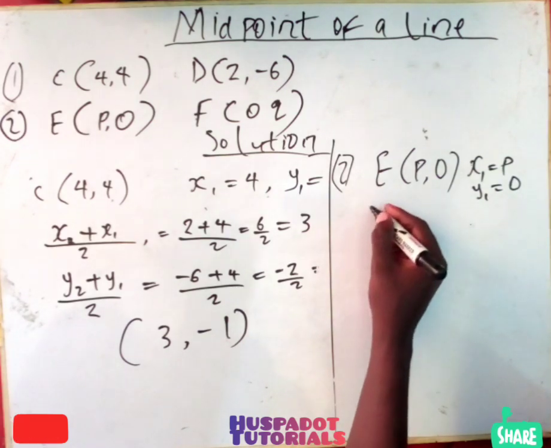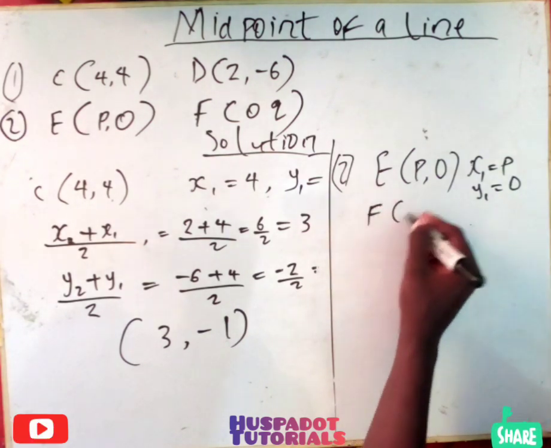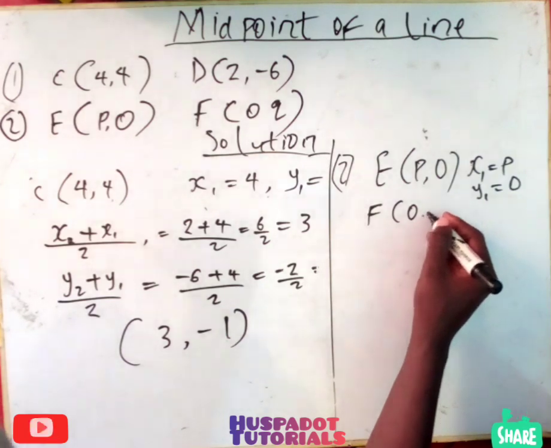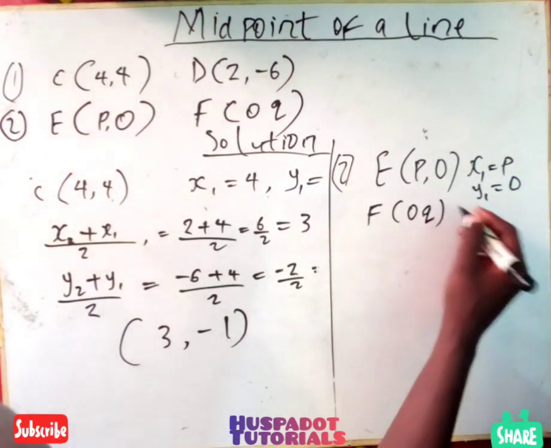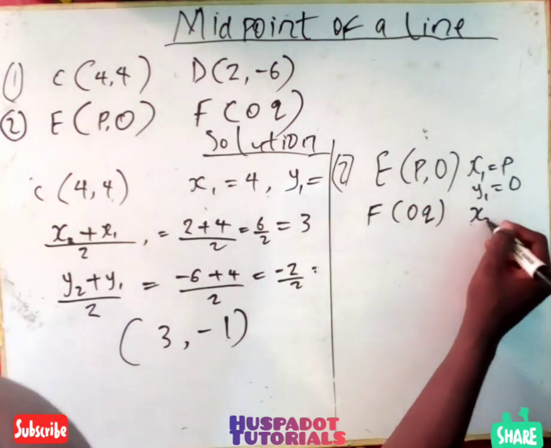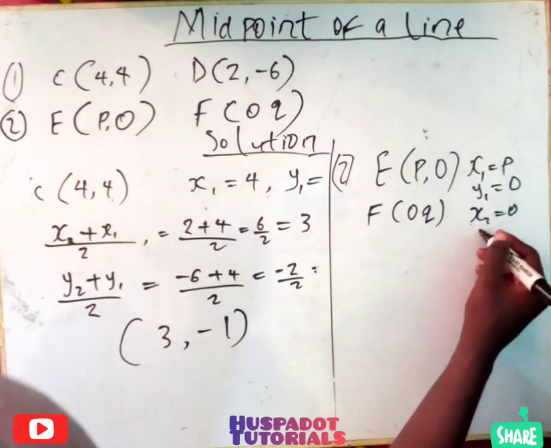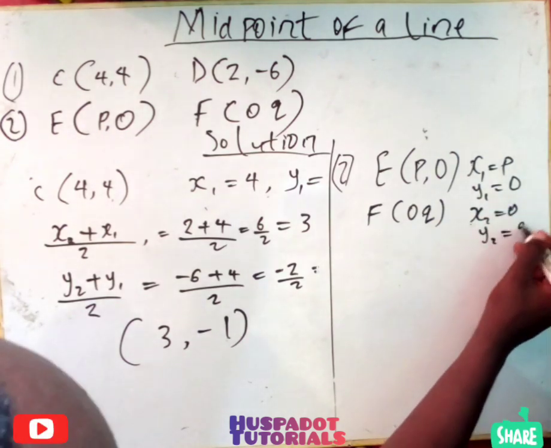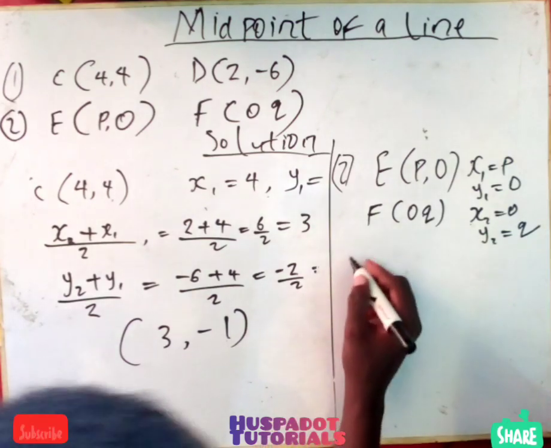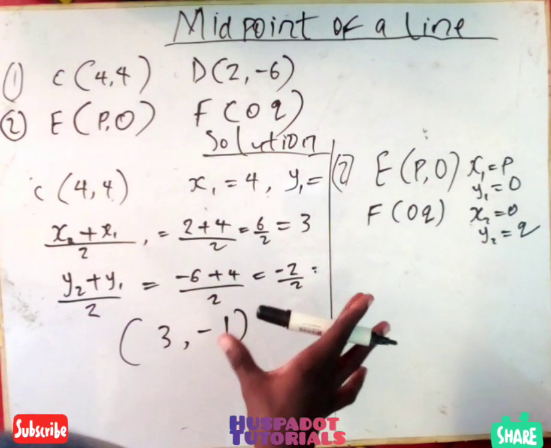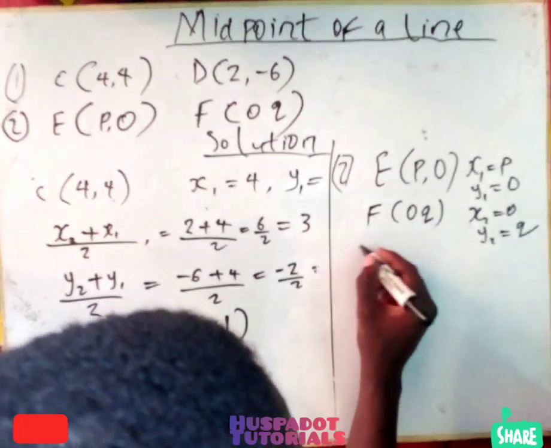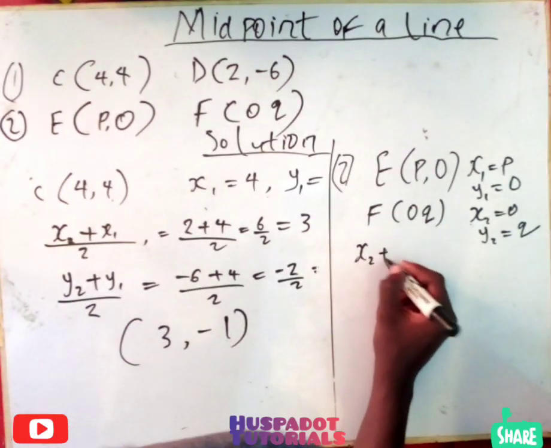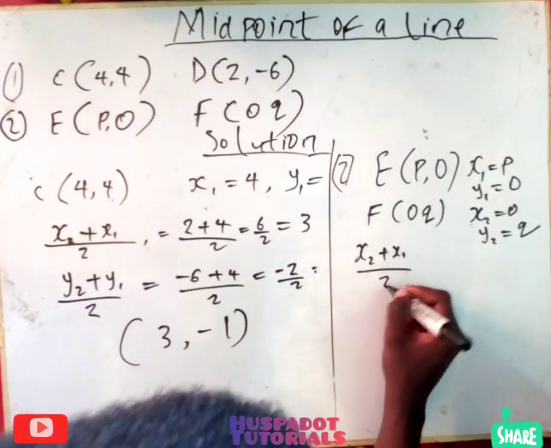Then point F has coordinates 0 and q, so that we know that our x2 is 0 and our y2 is q. So now, to find the coordinate of the midpoint on the x-axis, it will be x2 plus x1 over 2.